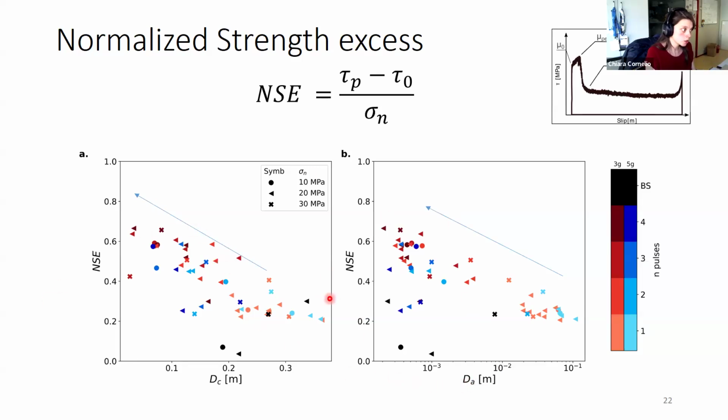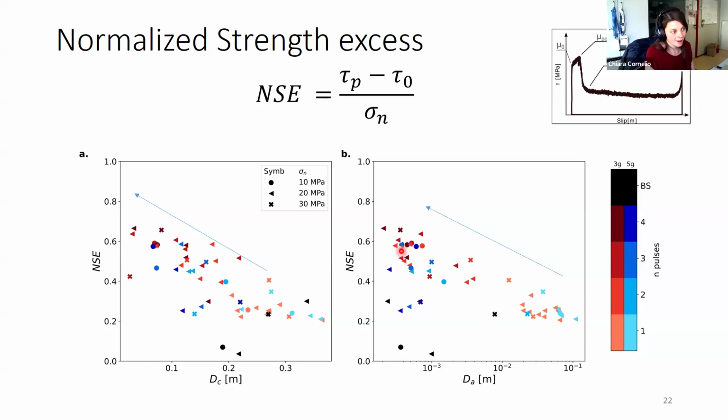In both cases, what we can observe is that the NS value is increasing with the decreasing of the critical distance. And moreover, looking at the color bar, what we can see is that also dA is decreasing with increasing number of pulses. So the lighter colors are over here, while the darker colors are up here.